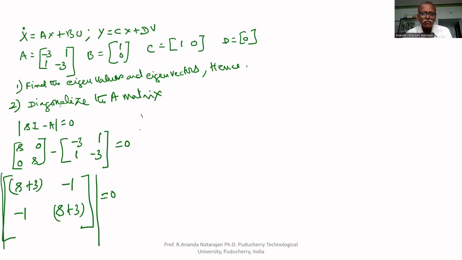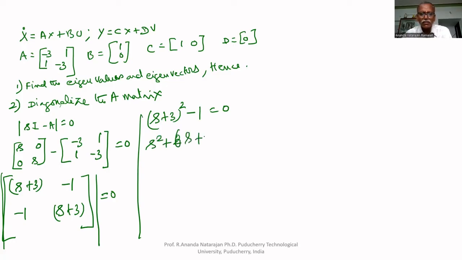The determinant is (s plus 3) whole square minus 1 equal to 0, or s square plus 6s plus 9 minus 1 equal to 0, or s square plus 6s plus 8 equal to 0.